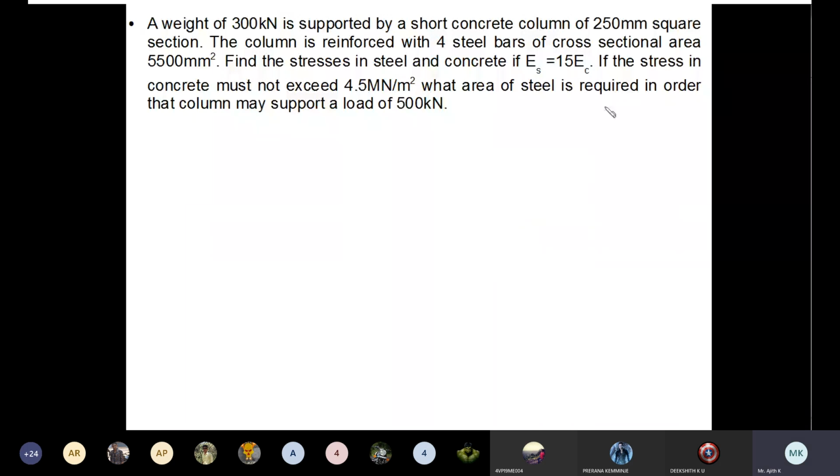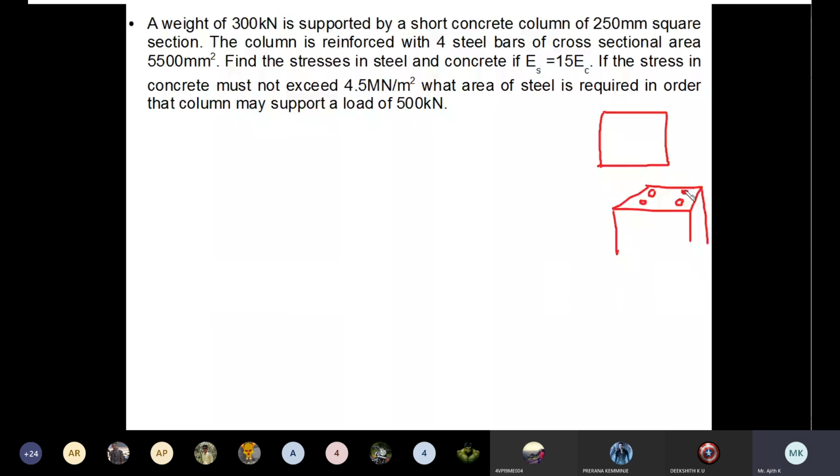This question is somewhat like there is a reinforcement. Reinforcement means a structure like this. One concrete pillar you have to design. In this pillar, there will be steel rods inside.